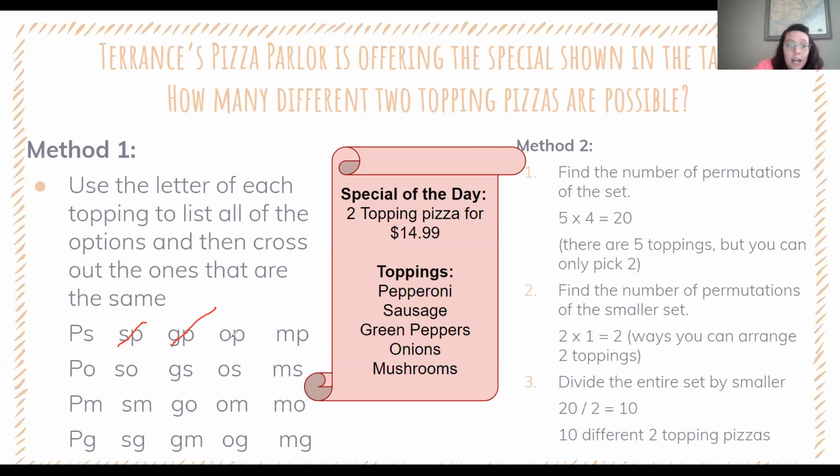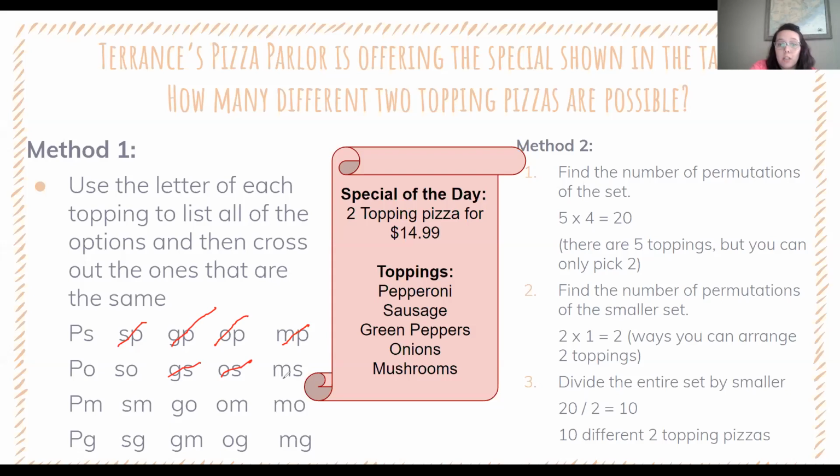Right here, I have onions and pepperoni. I have another one right here. Mushrooms and pepperoni, I already have listed over here. Green pepper and sausage, I already have listed down here, so I'm going to cross this one out. Onion and sausage, I'm going to cross out because I have it right here.